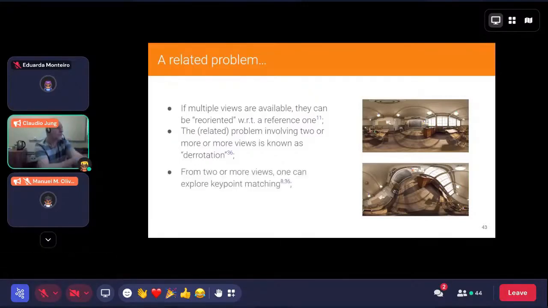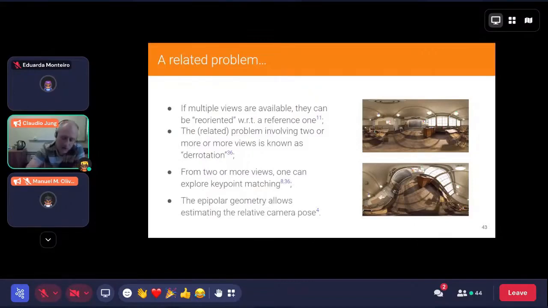And there are several strategies for doing that. You can basically perform feature matching, and if you know that the gravity is aligning all the images, you can reduce the possible number of matches and poses. And this is related to depth estimation, as we are going to see later.